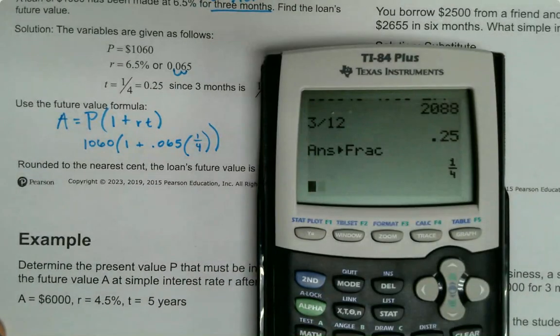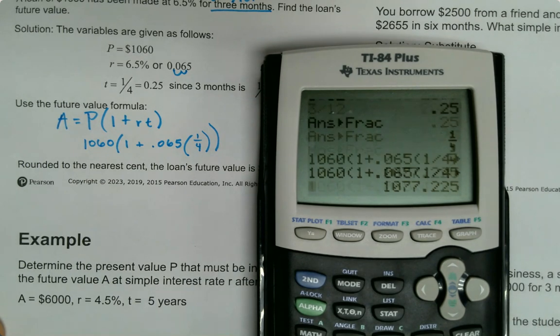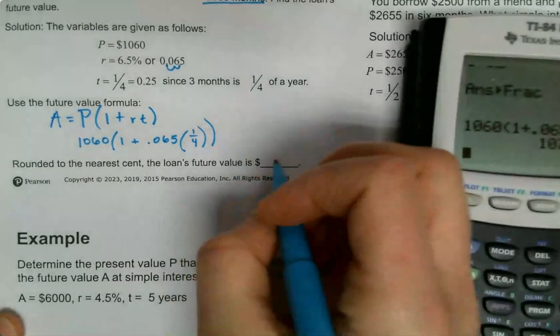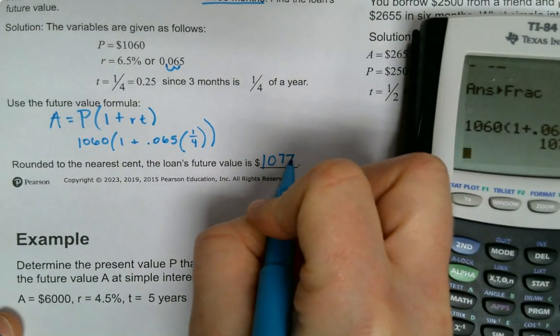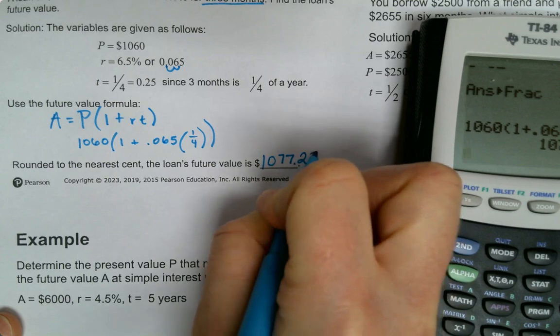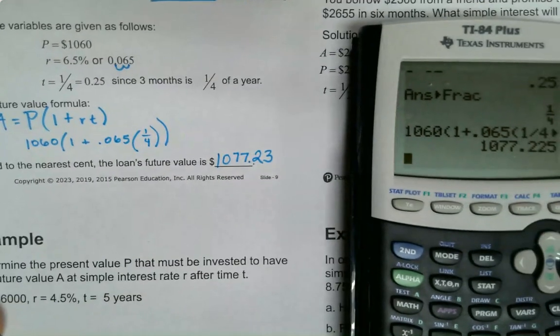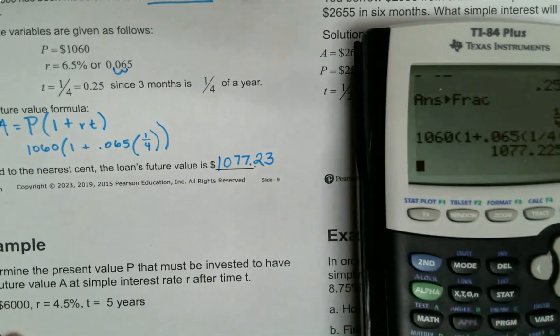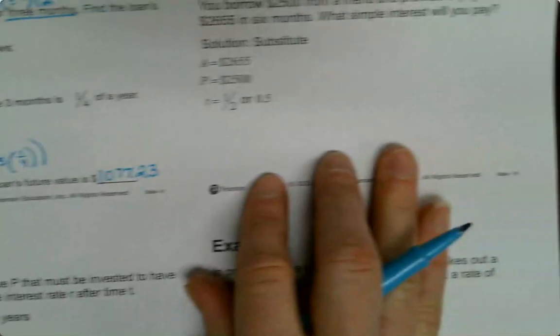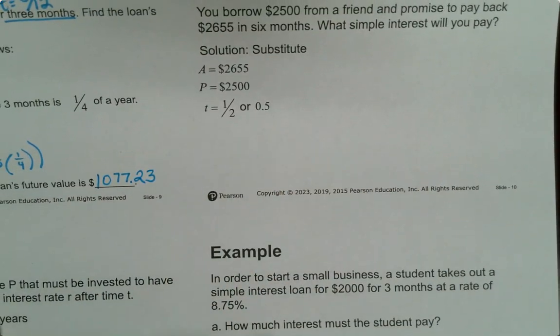So we can put that in: 1,060 times 1 plus 0.065 times 1/4, and we get 1,077 point, I'm going to round it to 3. Go up to the next cent.